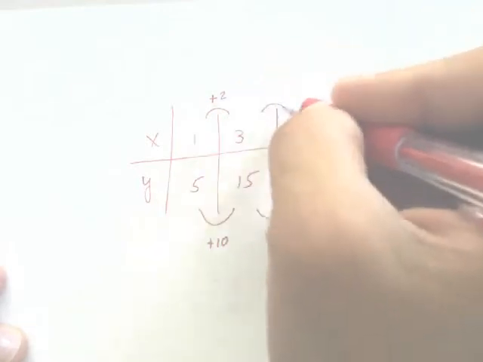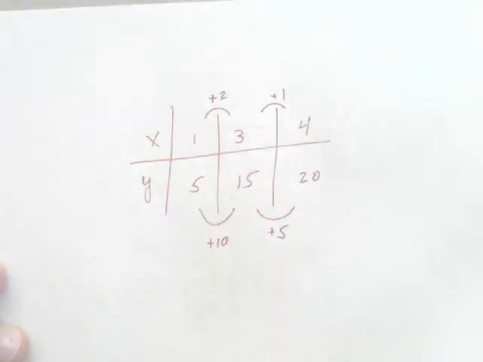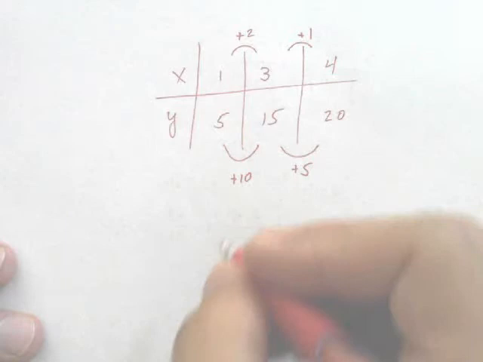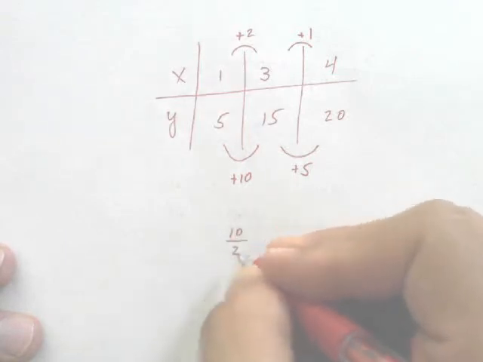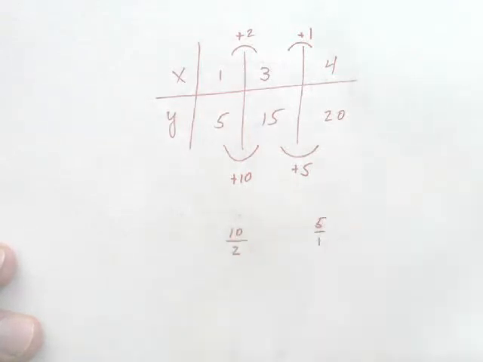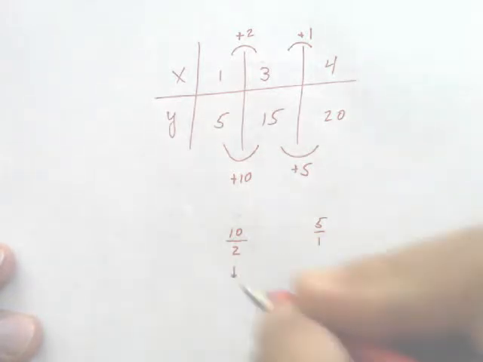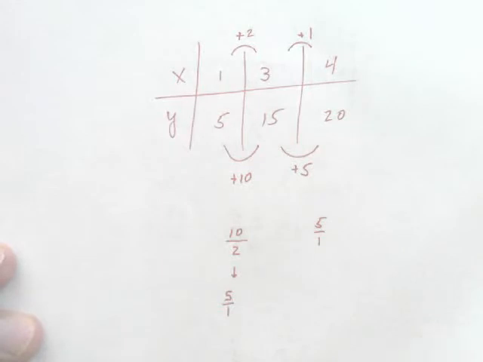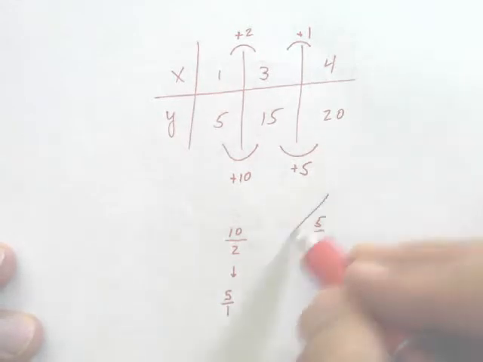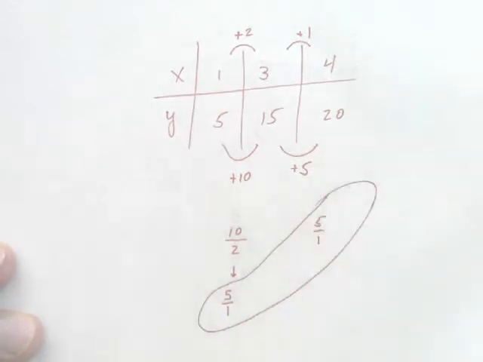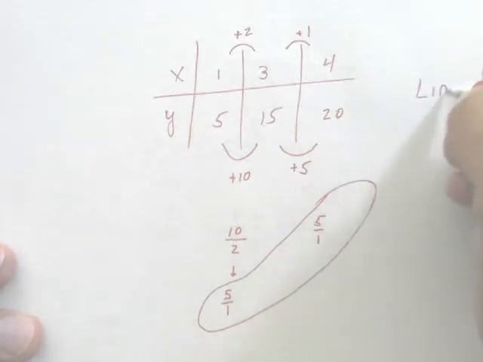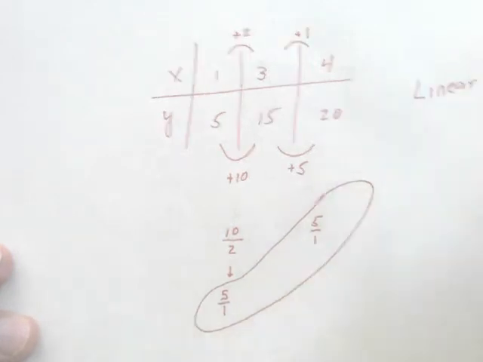Up 2, up 1. And let's investigate very closely our slopes. 10 over 2 and 5 over 1. Well, it doesn't take much for us to remember that 10 over 2 is actually reduced to 5 over 1. So since the reduced slopes are the same, this again is a linear table.